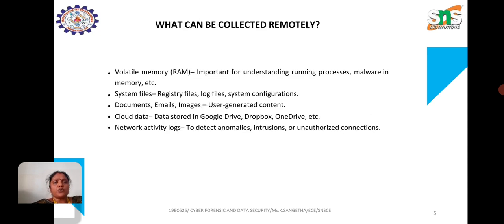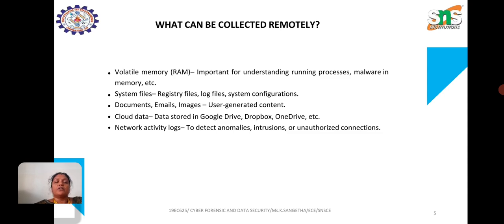The next one is, what details can be collected remotely? We can collect details from volatile memory, that is RAM. It is very important for understanding the running processes and malware in memory, that is, in the desktop.